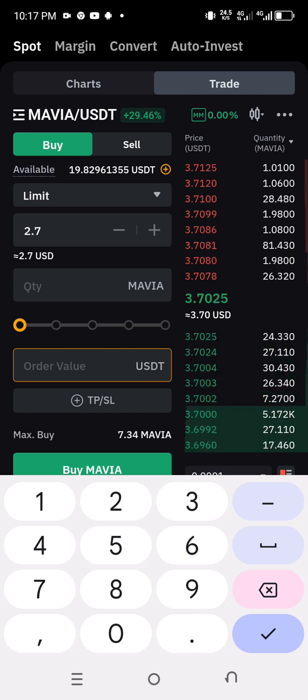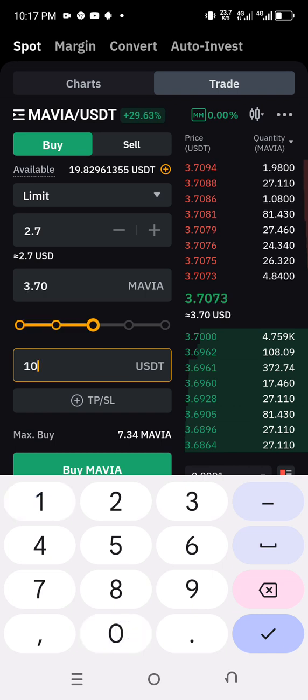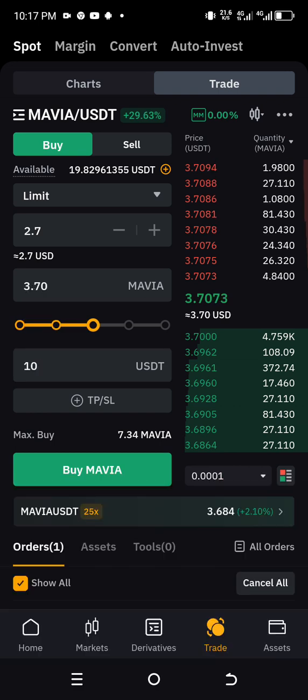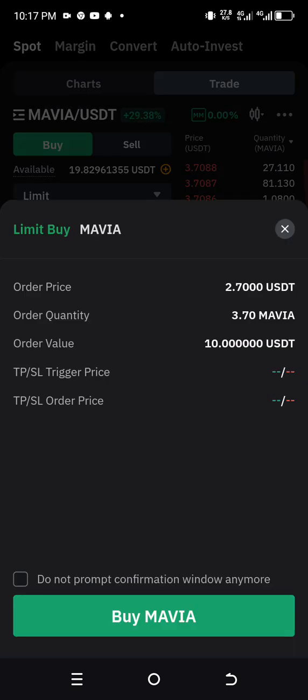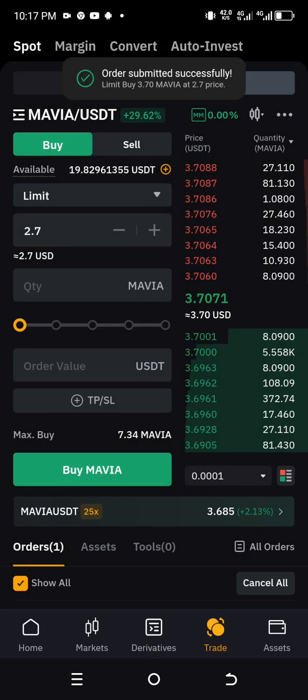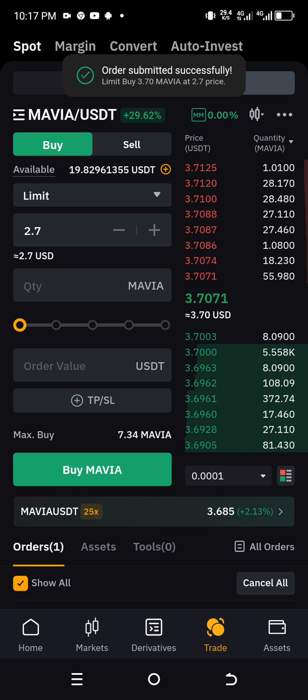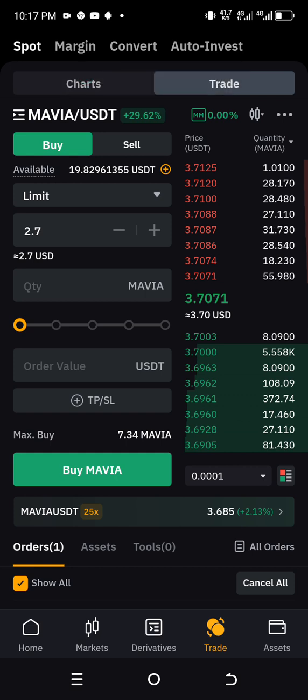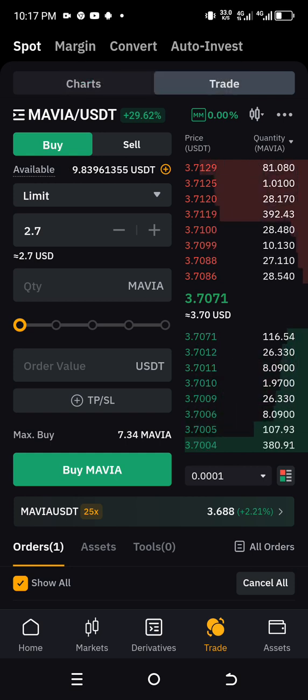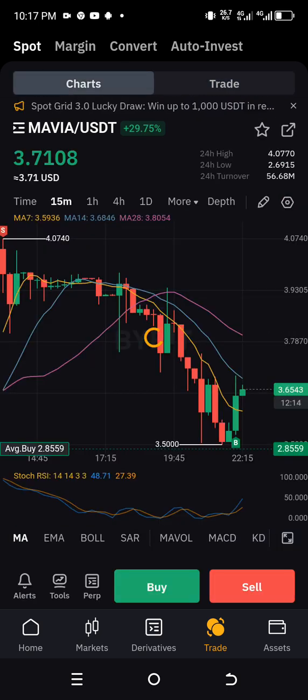So I'll come to this place again and place another trade at 2.7. This is a high strategy that you're going to like a lot. I'm going to place another trade at 2.7. Click on buy. I've opened a second order. Go back to the chart again and see.